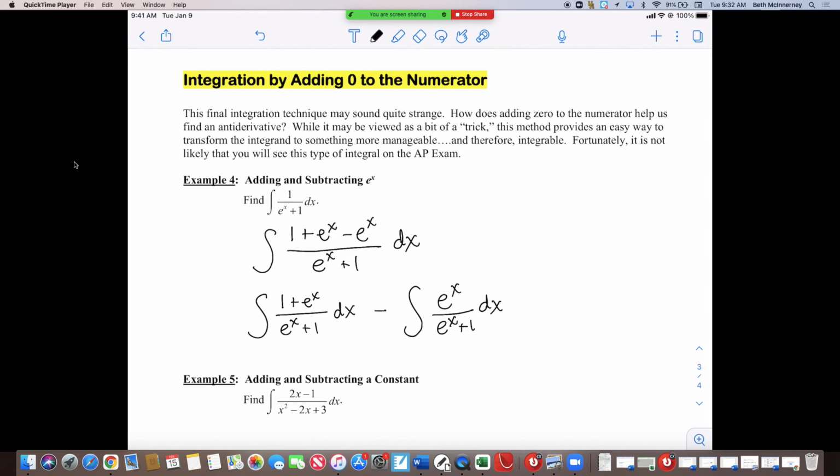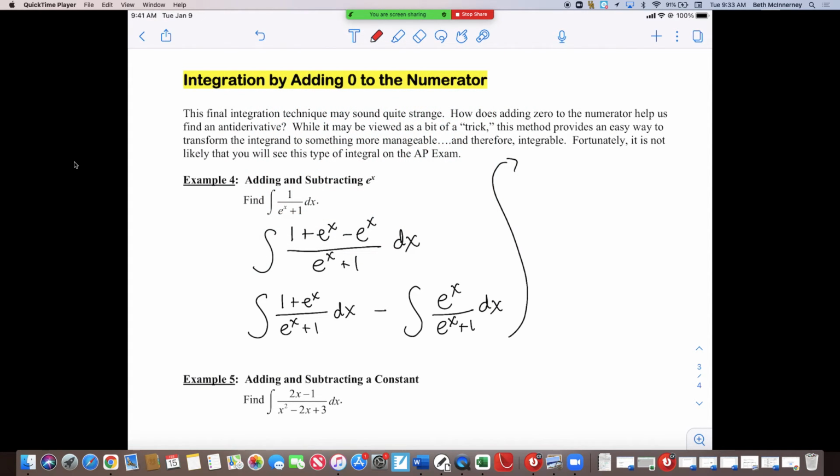Sometimes the mathematics is just incredibly cool. Again, I wouldn't think you would think to do this, but it is unbelievably cool. I'm going to change colors here.